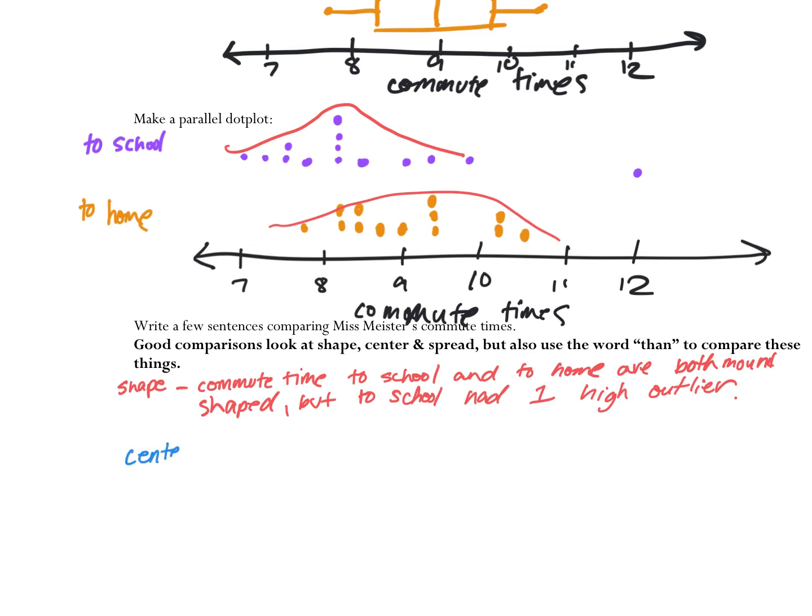Now, when comparing two graphs, and we're trying to make a comparison about the center of those two graphs, that comparison needs to use the word "than" in some way.